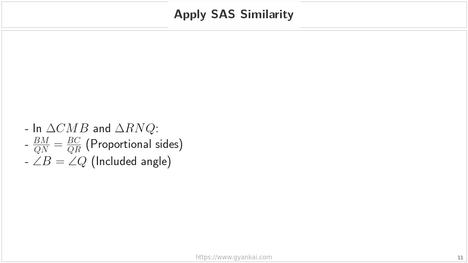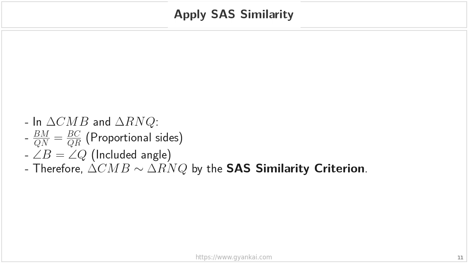Second, we already know from our initial similarity that angle B is equal to angle Q, which serves as our included angle. Because we have two pairs of proportional sides and the angle trapped between them is equal, we can officially conclude that triangle CMB is similar to triangle RNQ by the SAS Similarity Criterion.